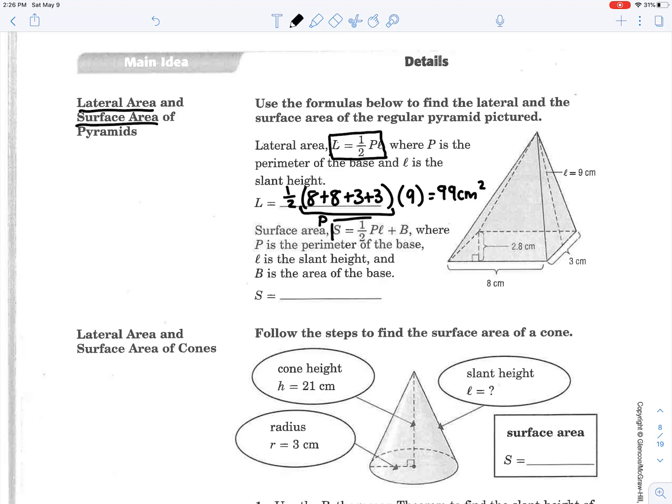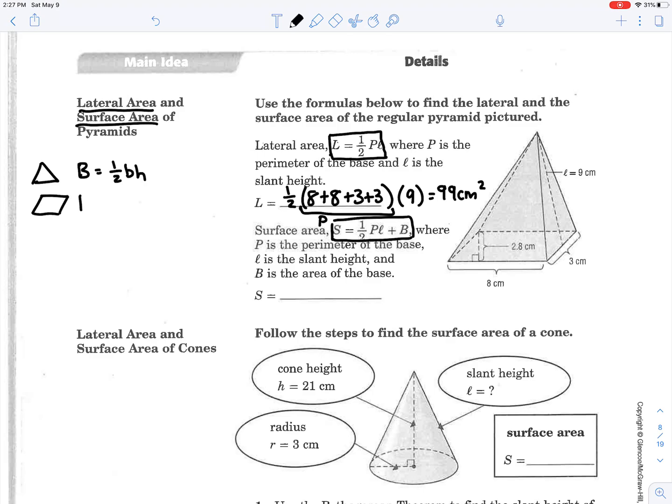Surface area is given by this equation. 1/2 perimeter of the base times the slant height, which was the lateral area, plus capital B, or area of the base. Now the area of the base will change based off of the shape of the base. So if we have a triangle, our capital B is going to be 1/2 the base of the triangle times the height of the triangle.